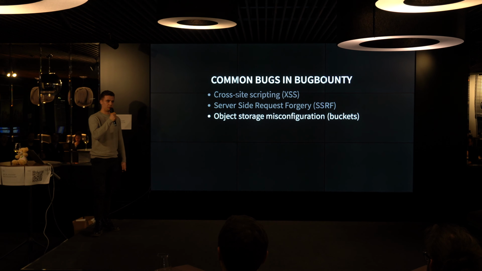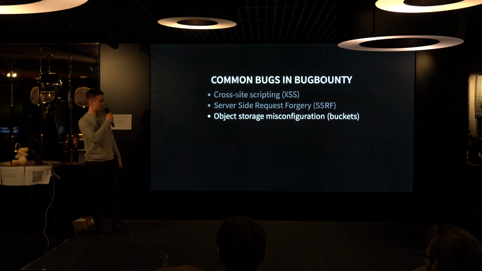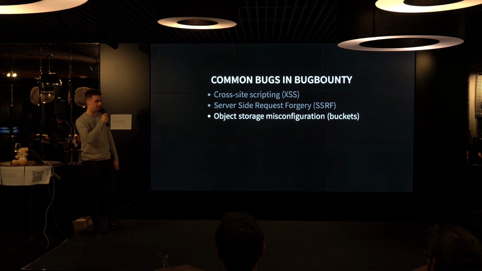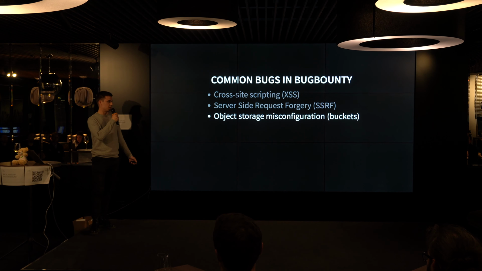Okay, what do you think about this third one, object storage misconfiguration? If you know what object storage or S3 buckets are, then you will most probably know that you can enumerate those at scale. You can very easily go through all of them and see if they are vulnerable or not.